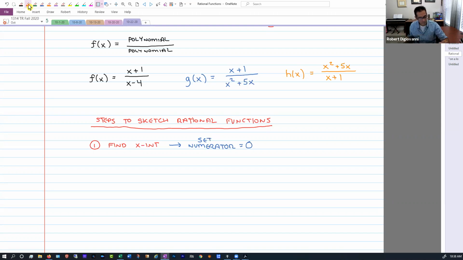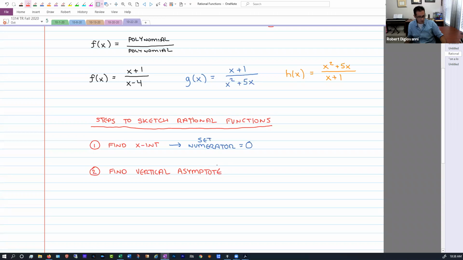After we do that, we are going to find what are called our vertical asymptotes. Vertical means up and down. This is a weird word: vertical asymptote.